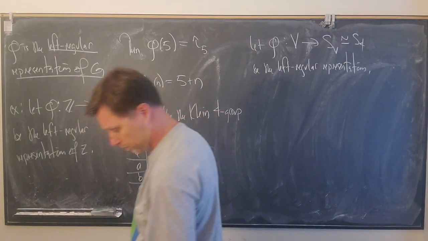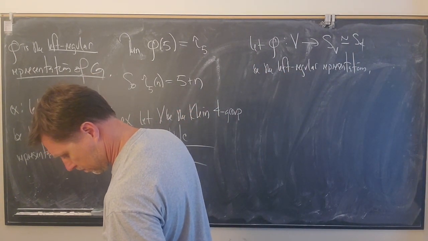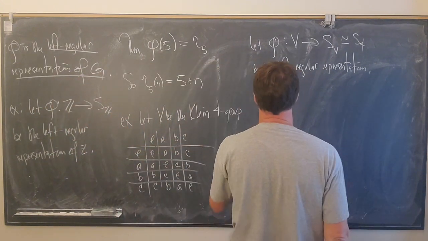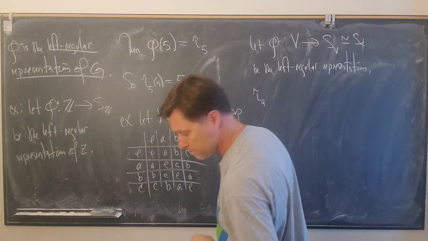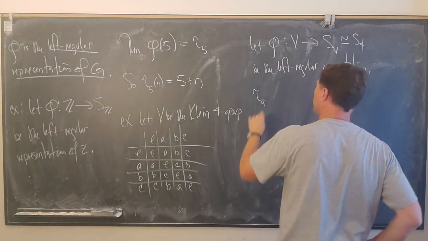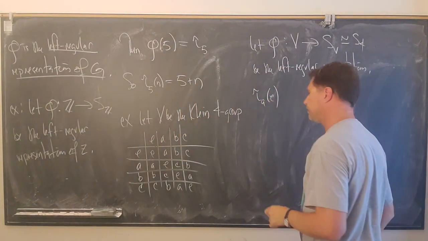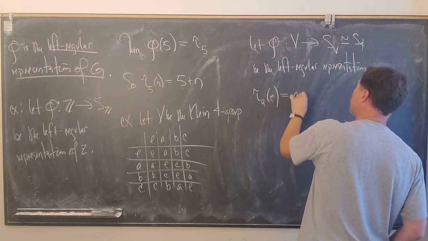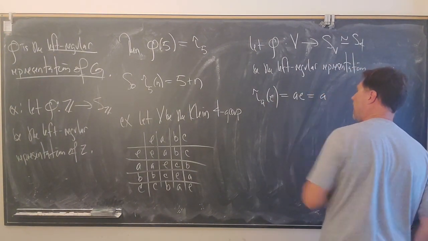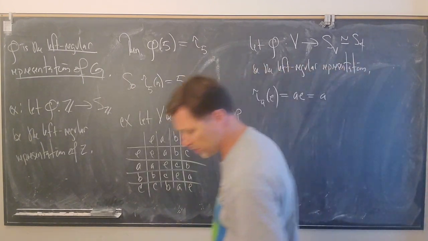So let's see. Tau sub A of E, what's that going to be? Well, it means A times E, and so that just gives us A. I just want to do a few different examples.